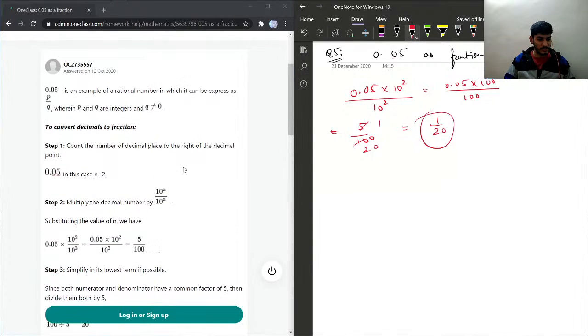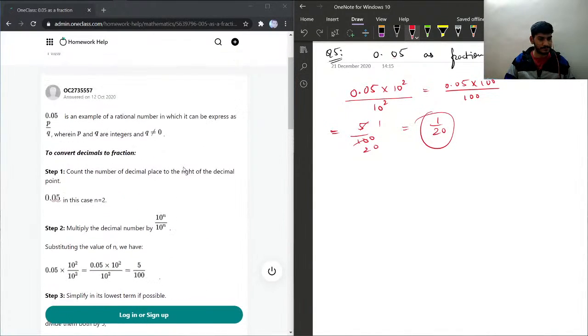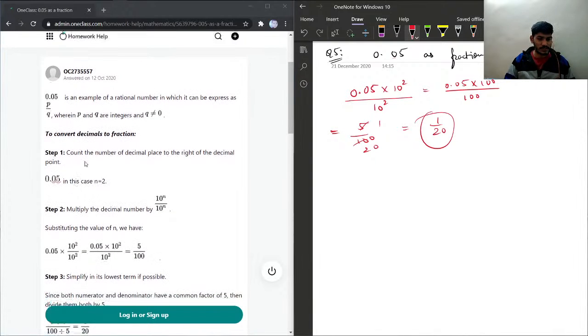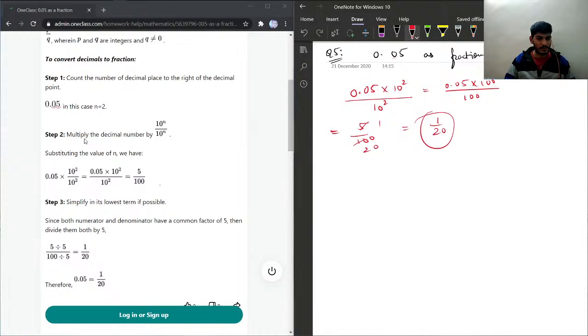Let us look at the solution. In the solution we have p over q, where p and q are integers and q is not equal to 0. To convert decimals to a fraction, we count the number of decimal places to the right of the decimal point. In this case we have 2. Then we multiply the decimal number by 10 to the power n over 10 to the power n.